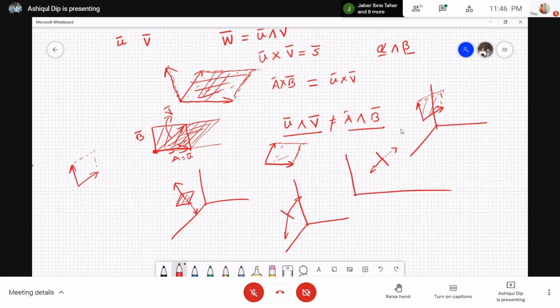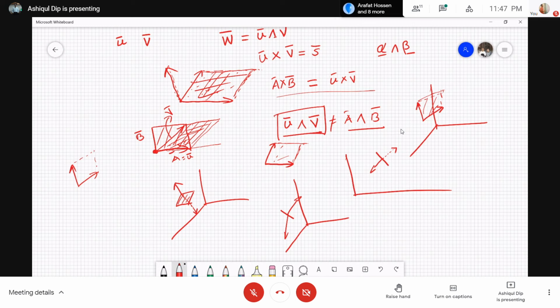When we took the cross product, we defined this thing really forcefully to assign a vector for our area. That worked only in 3 dimensions. It doesn't work in 2 dimensions or 4 dimensions. But if you do not do that, you just leave it like this, u wedge v. That's a new thing.